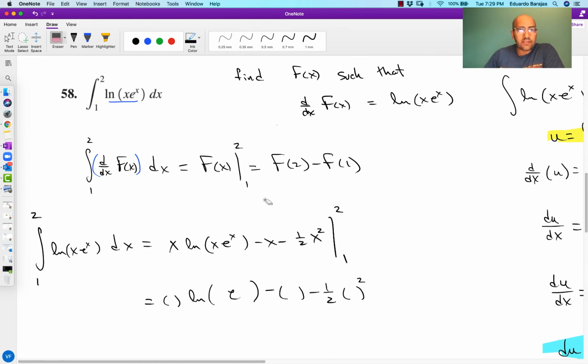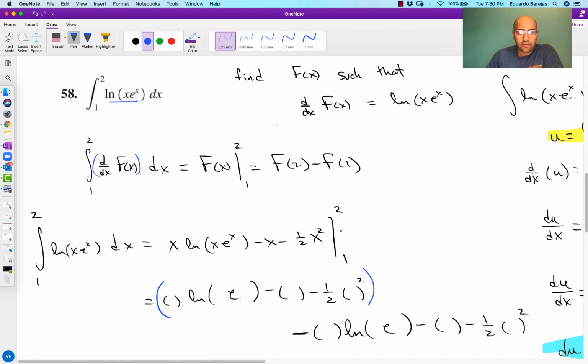If you run out of space, a nice little notation thing is to put an indentation, a little space there, minus, and then blank ln of blank e to the blank, that'll buy you a little bit of space, minus blank minus 1/2 blank squared. Okay, so it's going to be this function evaluated at 2, copied exactly the way it goes there, so let's put a 2 there.